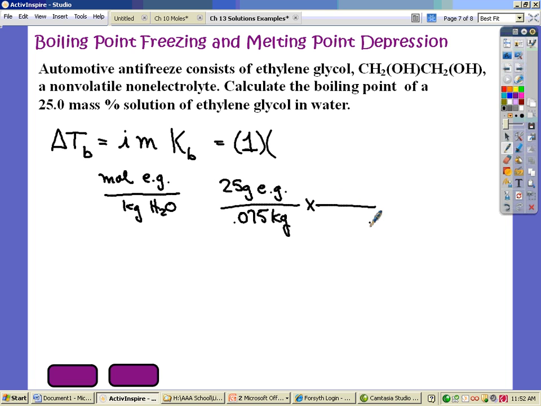Let's use our molar mass here, and I should be able to come up with this, and I find out that my molality of this is about 5.37. I got my second piece of information.